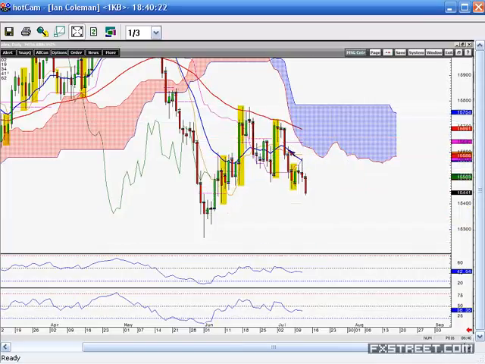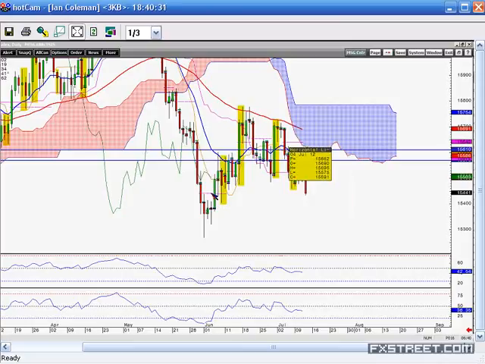Well, we've got our moving support and resistance levels. Here, on this move, bounce back up. After the break, what was support becomes resistance. So it breaks, moves back, then moves lower.